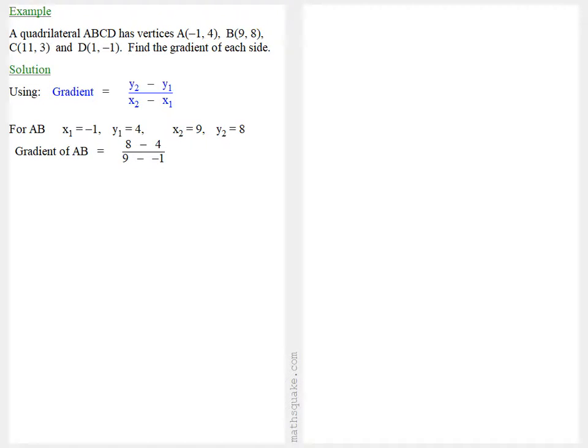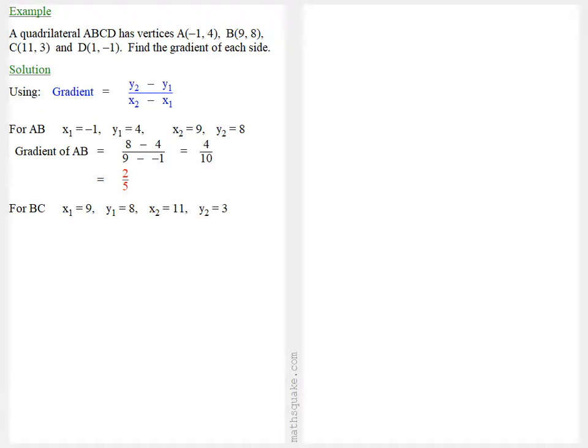Well, to solve this, we can use the gradient formula (y2 minus y1) over (x2 minus x1). For AB, we have x1 is -1, y1 is 4, and x2 is 9, y2 is 8. So the gradient of AB is (8 minus 4) over (9 take away -1), which is 4 over 10, or 2 over 5.